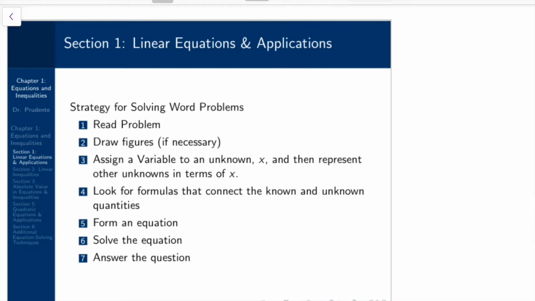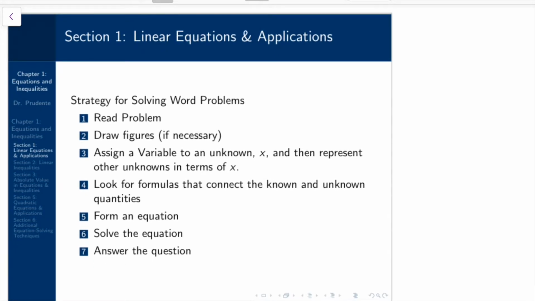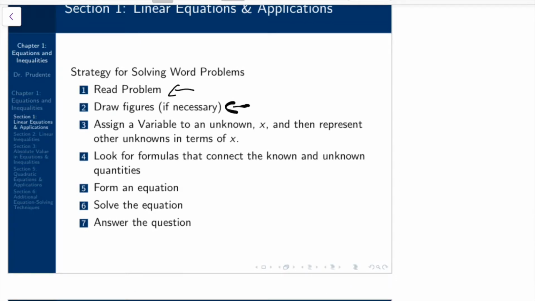What if we want to solve applications like word problems, right? So the first and most important thing really is to read the problem and draw a picture if we can, right? If we have a geometric standard problem, then it might be easy to draw, right? The third is we want to assign a variable x, right?